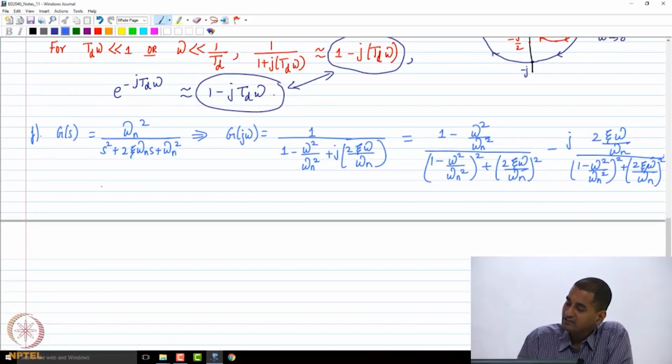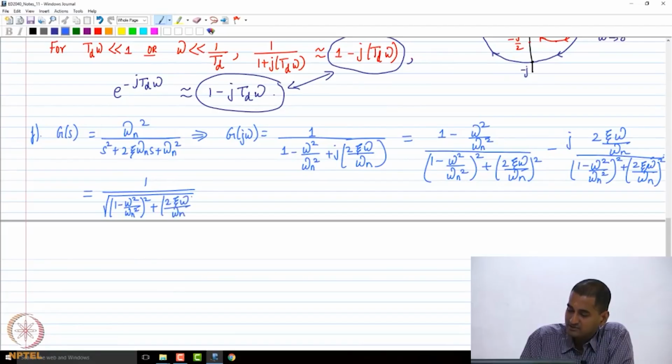So in terms of magnitude and phase, the same thing I can rewrite as 1 divided by the square root of the real part squared plus the imaginary part squared. The real part squared is this, and the imaginary part squared is 2 zeta omega by omega n whole square.